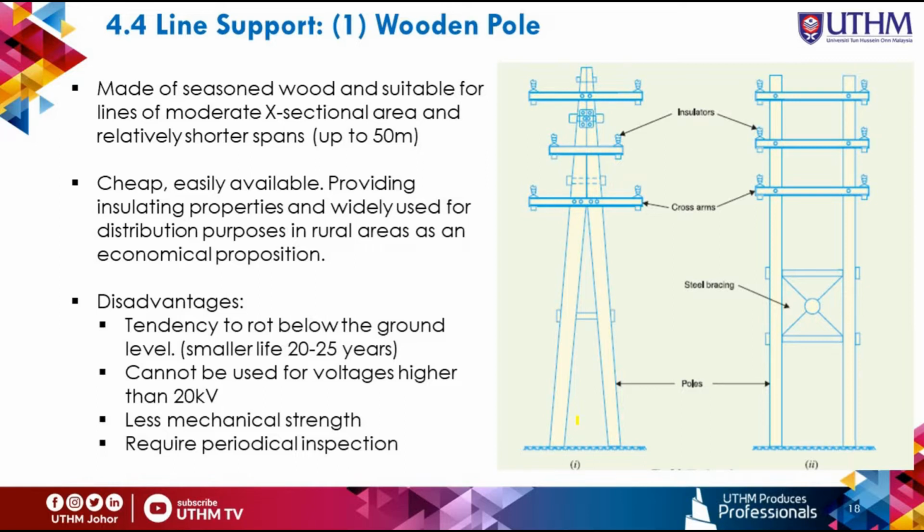The first one is the wooden pole. These wooden poles are made of seasoned wood and are suitable for lines of moderate cross-sectional area and of relatively shorter spans, say up to 50 meters.